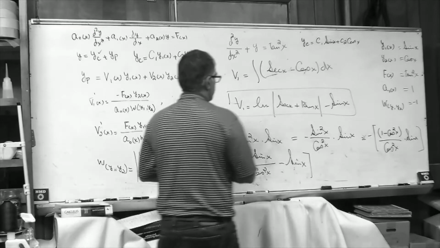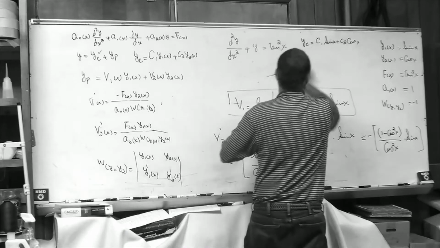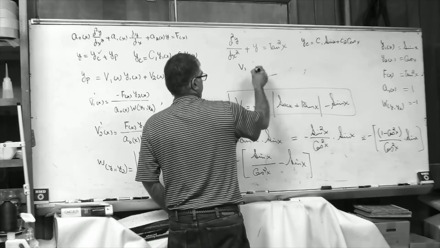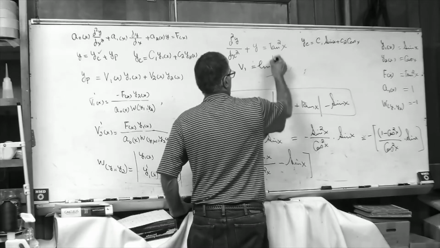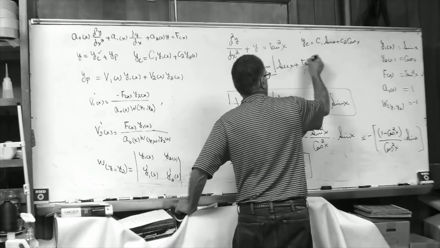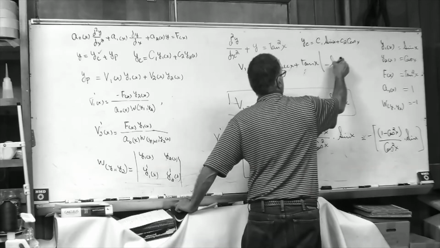Now, let me write the V1 here again. V1 is equal to natural log of secant x plus tan x minus sine x.